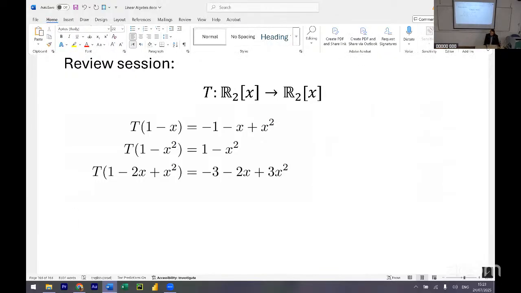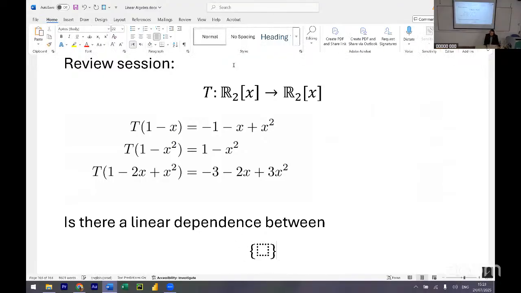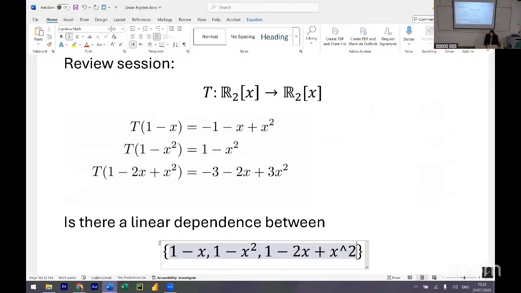My question, which you ought to solve, is: is there a linear dependence between the domain vectors, meaning 1 minus x, 1 minus x squared, and 1 minus 2x plus x squared?